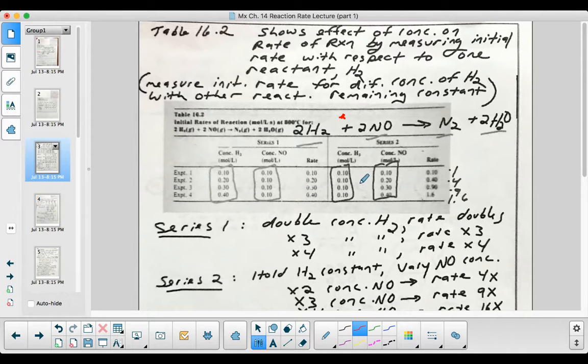Now I'm going to see what happens if I hold the concentration of the hydrogen constant and I do the same thing to the concentration of the NO. In this scenario, when I double the concentration, the rate quadruples. When I triple it, it goes up 9 times. And when I quadruple it, it goes up 16 times.